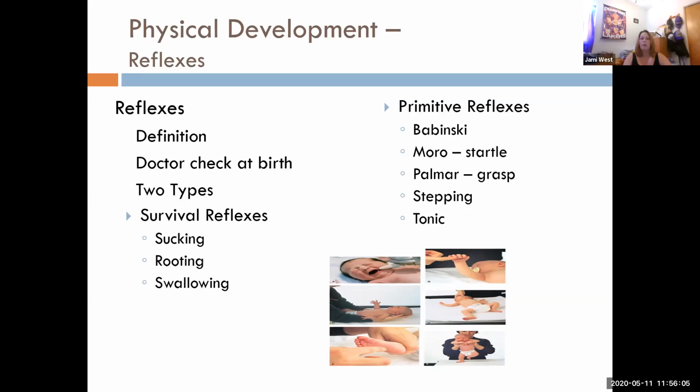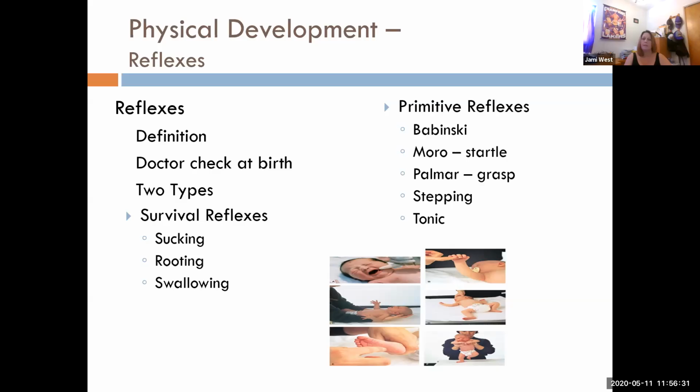They don't have any fine motor skills or gross motor skills. Their fine motor and gross motor development is not strong enough yet. The only physical ability infants have at birth are reflexes, those automatic body responses.